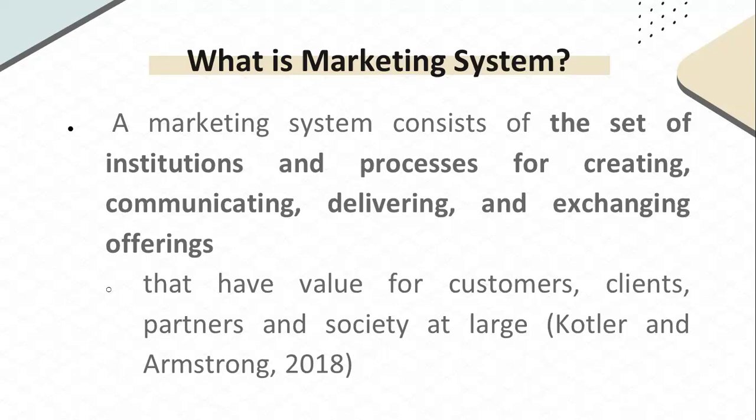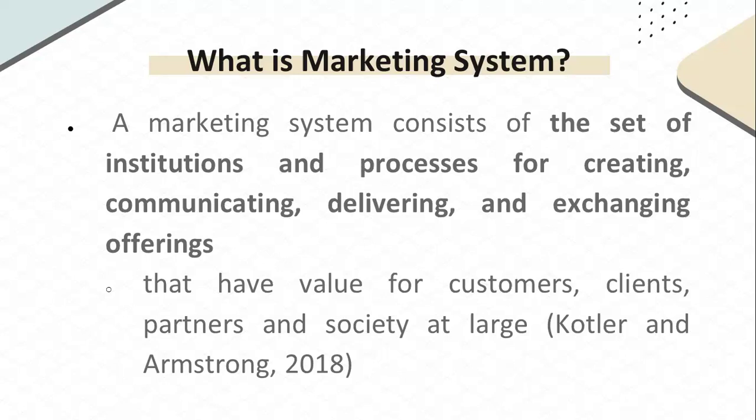It's not just you as a business. All the other companies may be helping you or affecting you, and some other people and institutions may be affecting you. And marketing is not just producing the product. You have to do communication, promotion, deliver the product, and price the product.